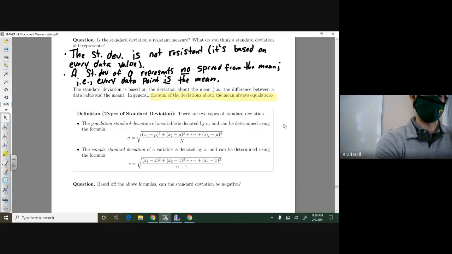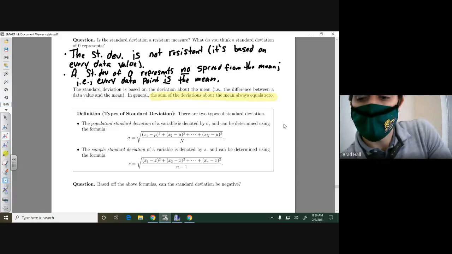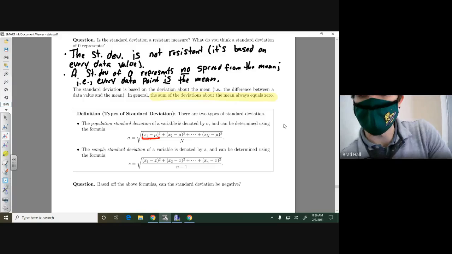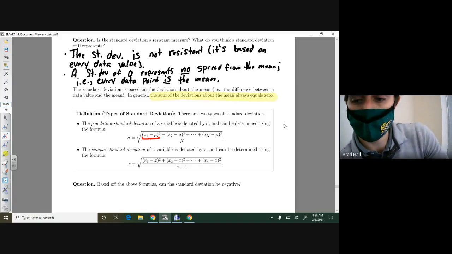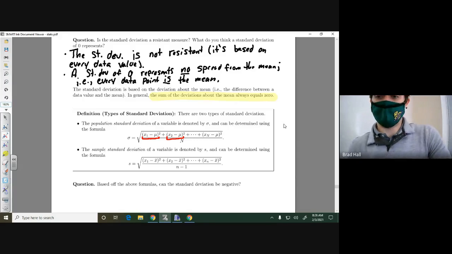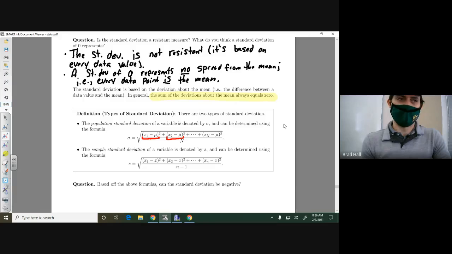In these formulas, you're taking deviations from each data value, where the deviation is the difference from the mean. You're squaring those, adding them together, dividing by the number of samples, and then taking the square root of that.